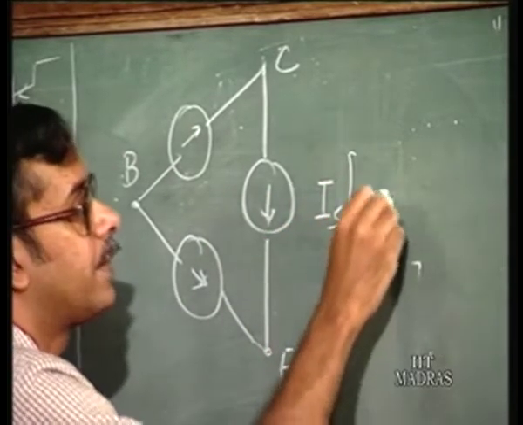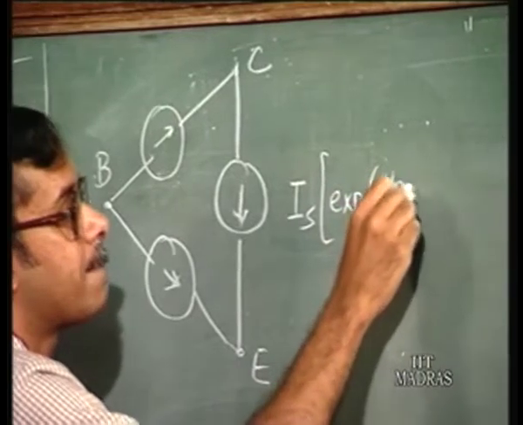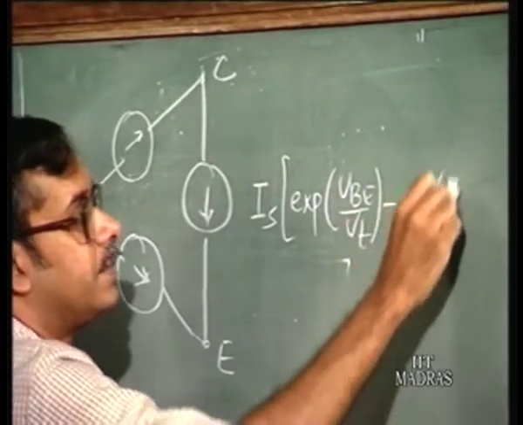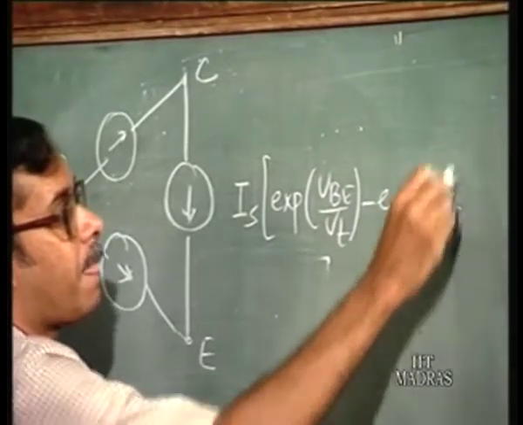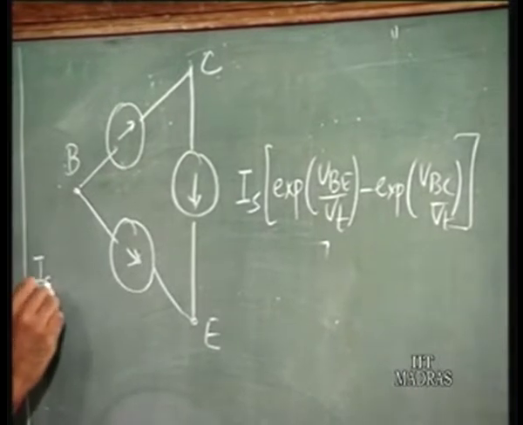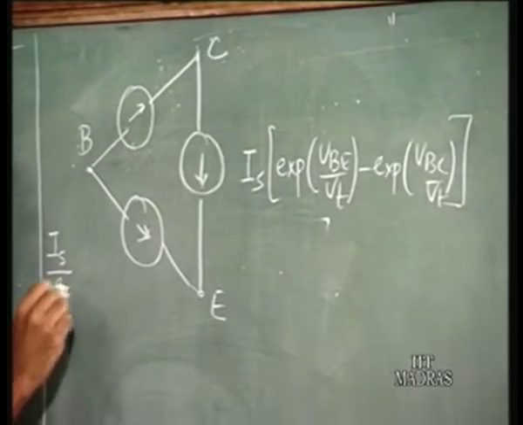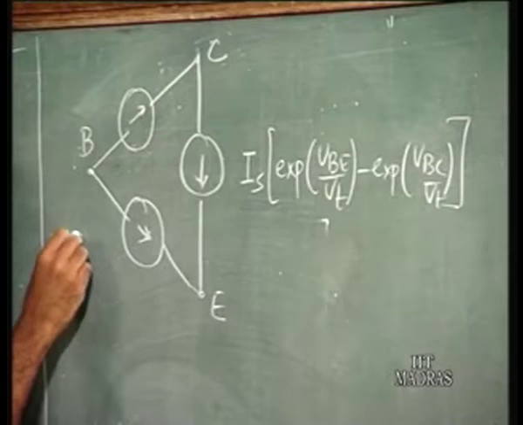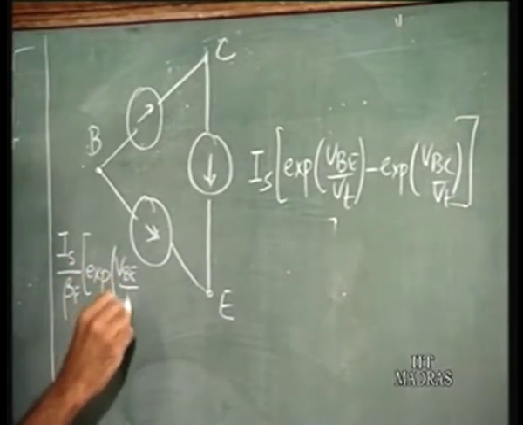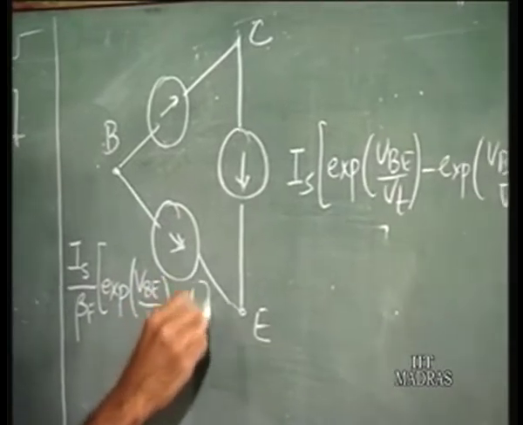Is times exponential Vbe by Vt minus exponential Vbc by Vt. This one is Is by beta f times exponential Vbe by Vt minus 1.